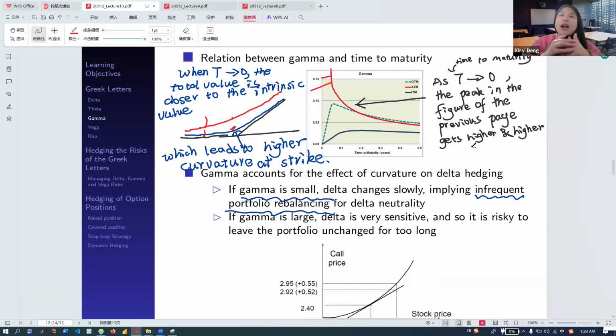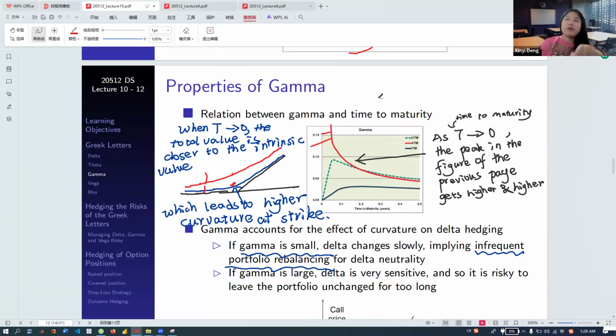And recall that gamma represents the curvature of the price curve, since this second order derivative is the curvature. That's not A, that's actually U, sorry.